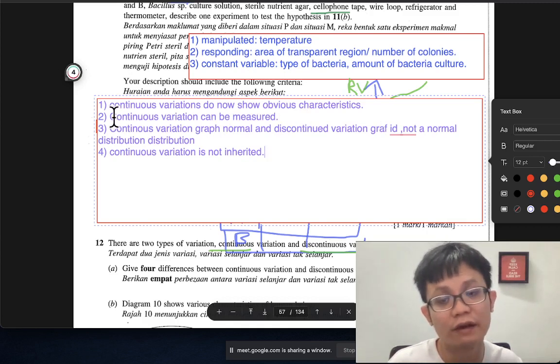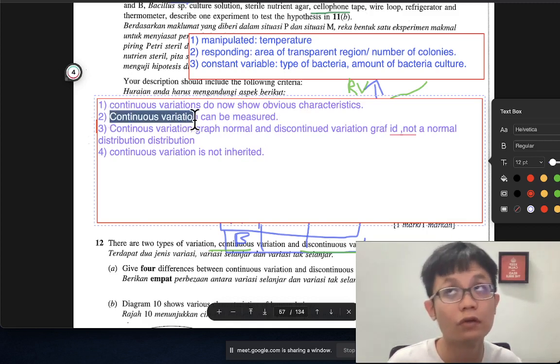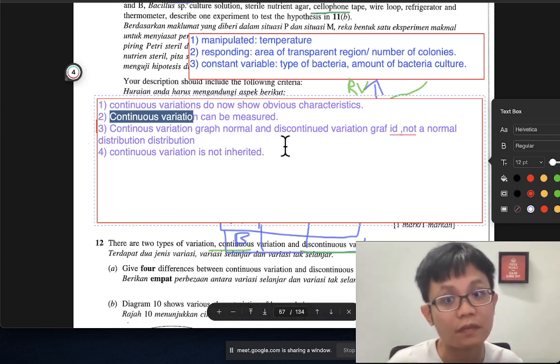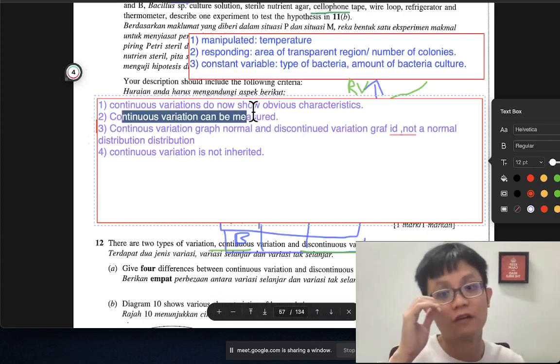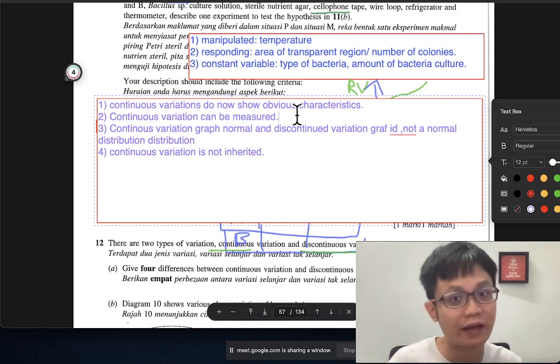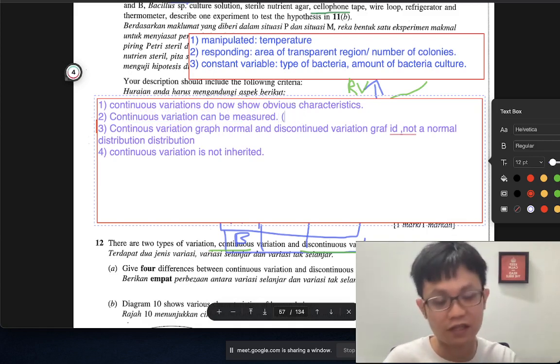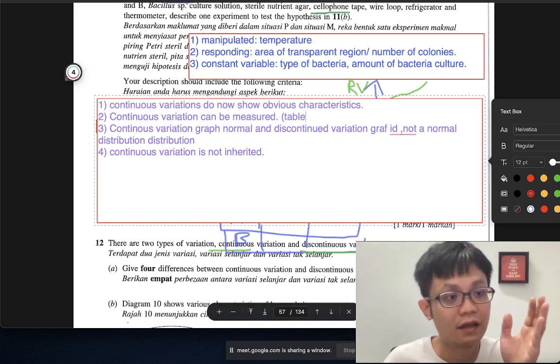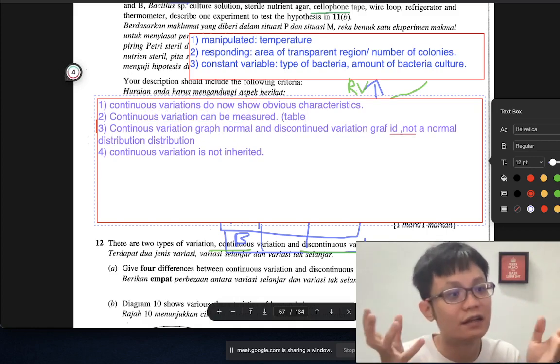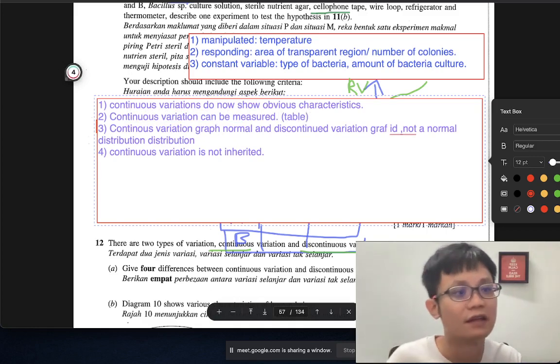That's why for continuous variation we want to use a graph. It makes sense, because it can be measured, so it makes sense when you want to draw a line graph. But for discontinuous variation, you cannot measure, so you want to use a table form, like blood group, because it's category. So there's no point doing a graph.